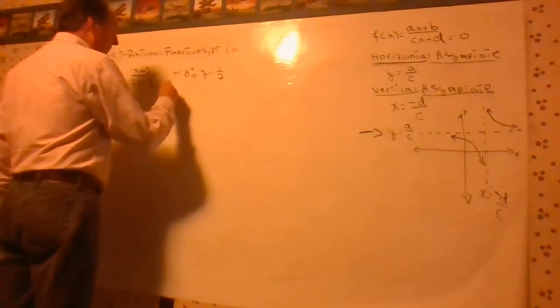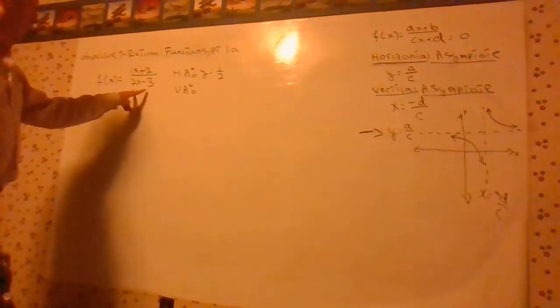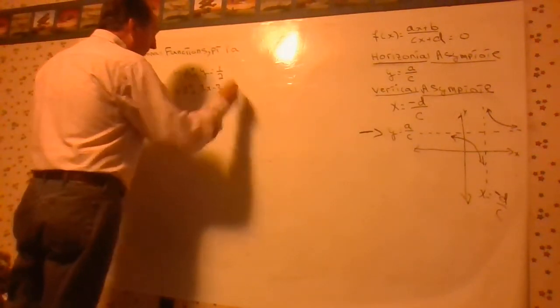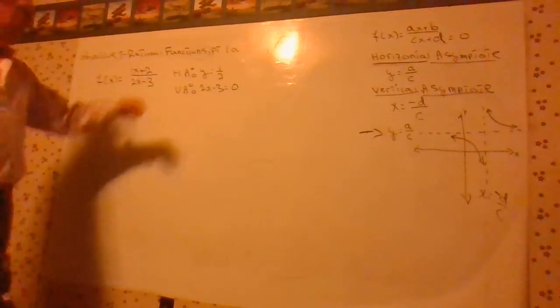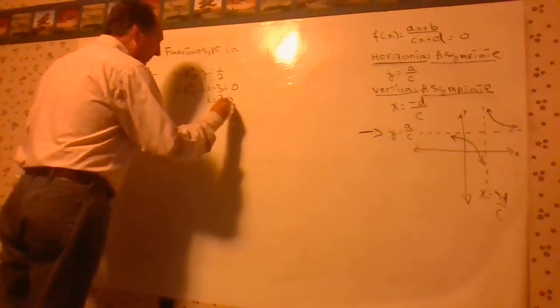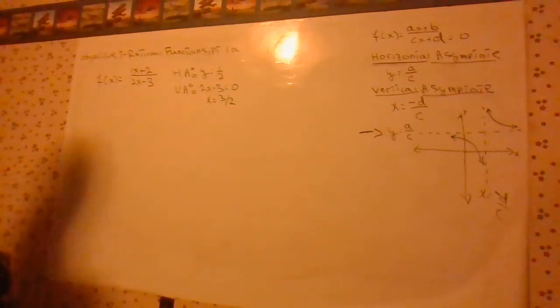And then we can calculate a vertical asymptote. Set 2x minus 3 equal to 0. We get x equals 3/2. There's two pieces of information.